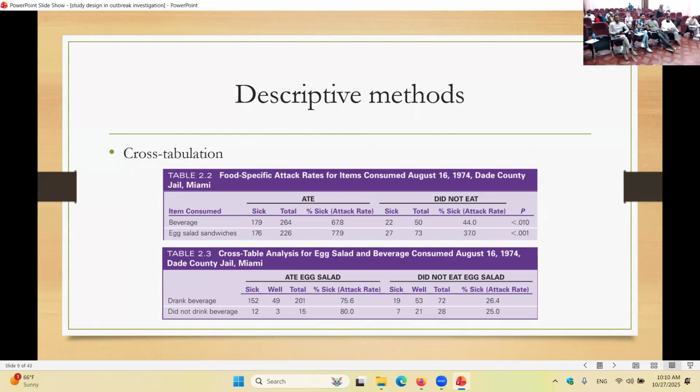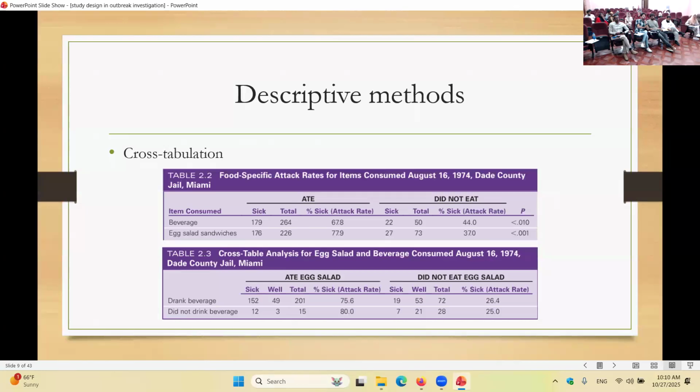Yes, that slide. I just need your clarity. As you were explaining, you were hinting at the causation for the sickness, in this case, to be caused by eating egg salad.